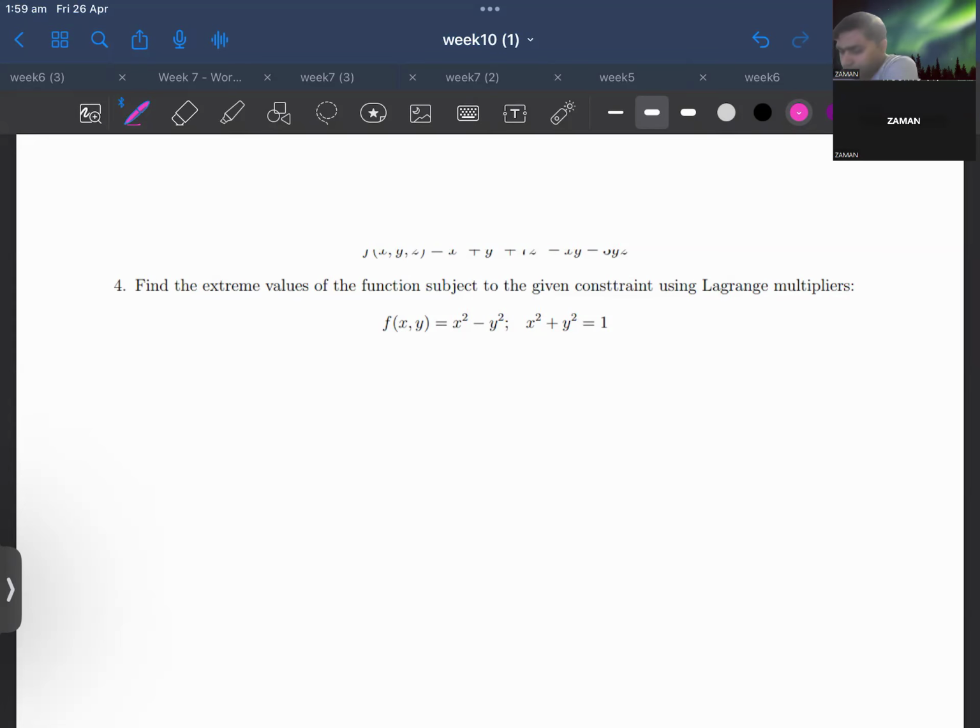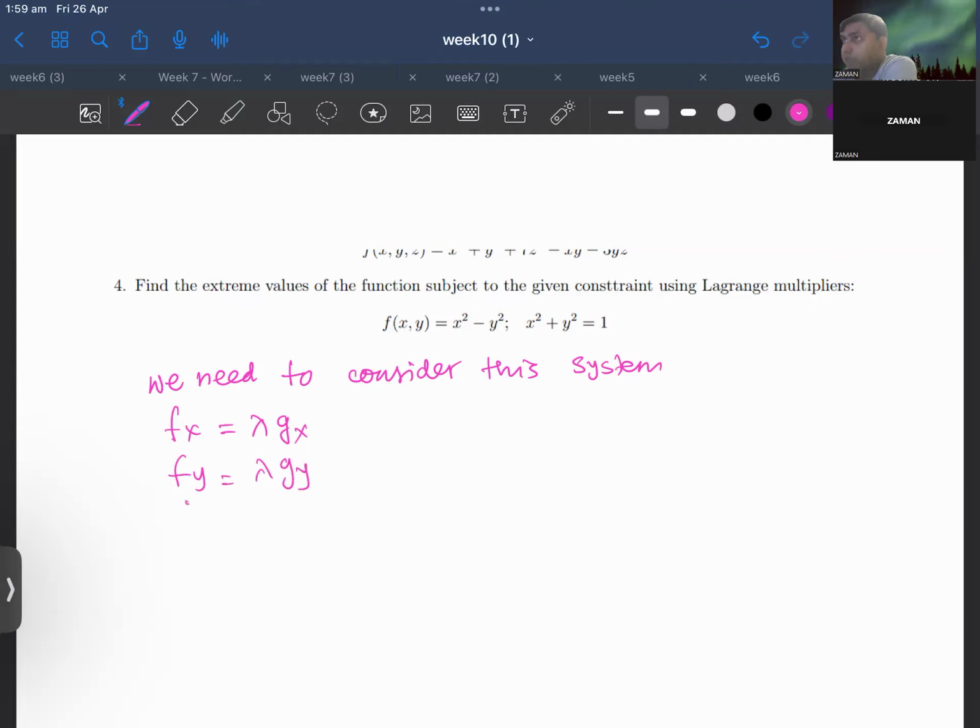Here we need to consider this system: f_x equal to lambda g_x, f_y equal to lambda g_y, and g(x,y) equal to its constant.